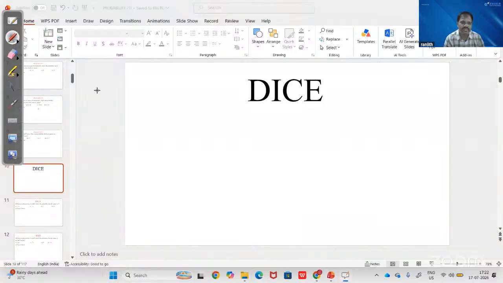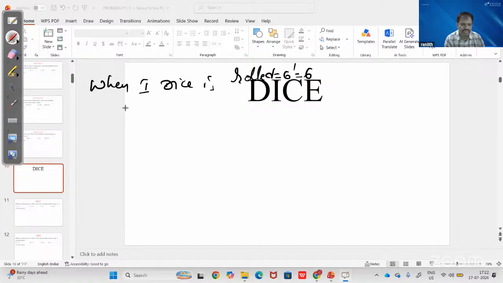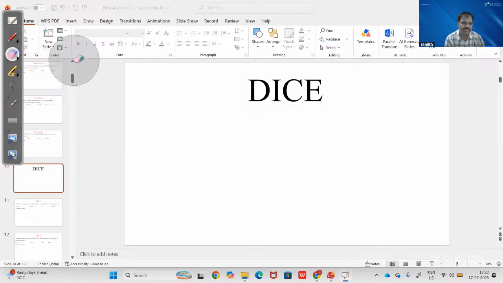When one die is rolled, 6 power 1 equal to 6, so these are 1, 2. I think the dice concept is clear. I explained already, so let's see the questions.